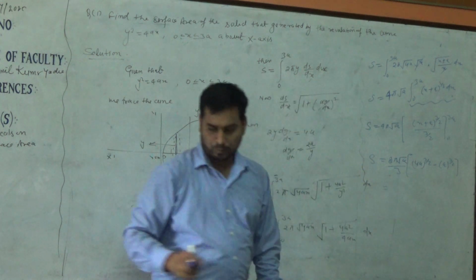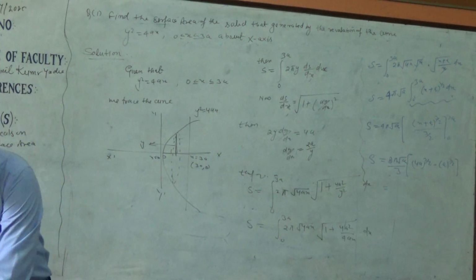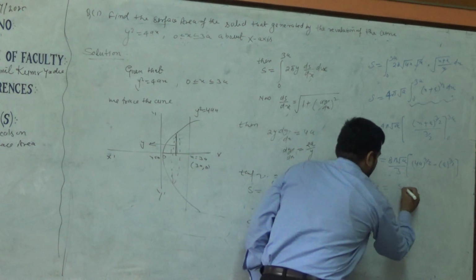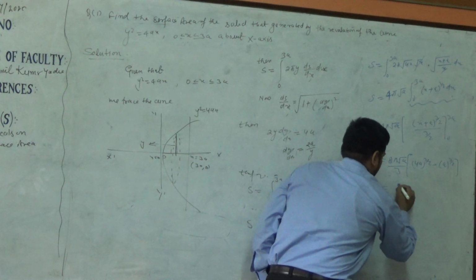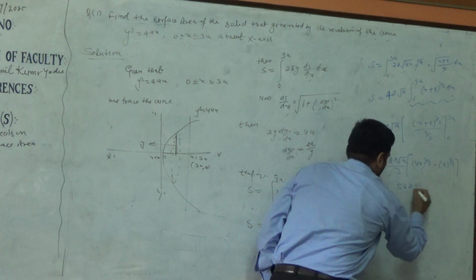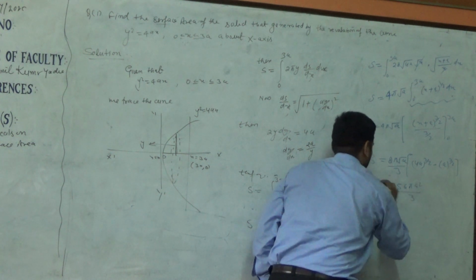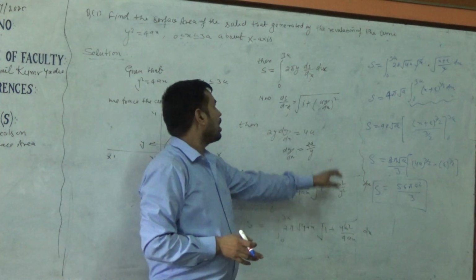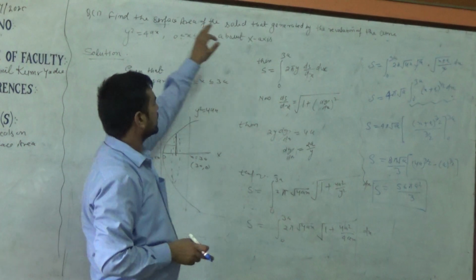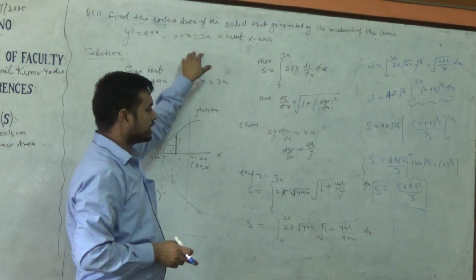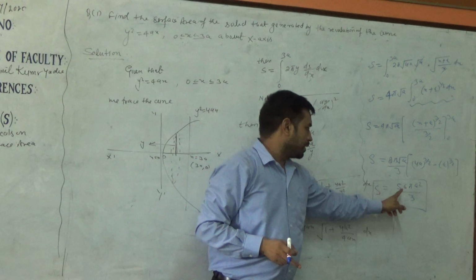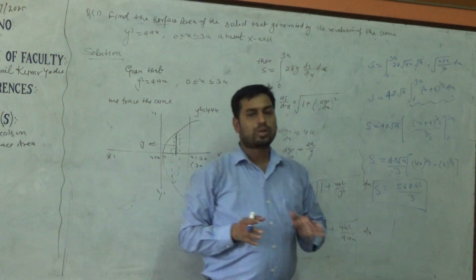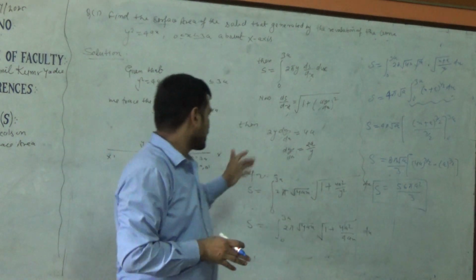This implies the surface area is 56 pi a square upon 3. This is the required surface area of the curve when it is rotated about the x-axis.